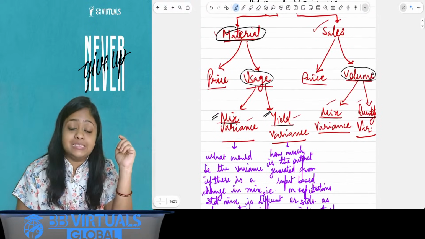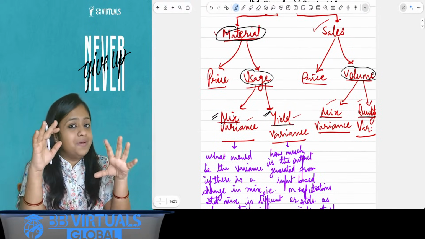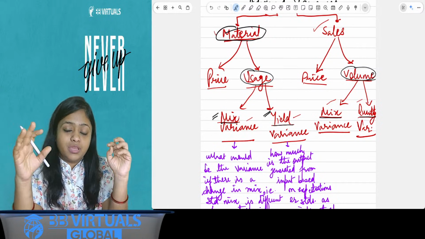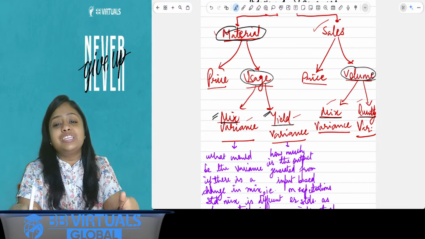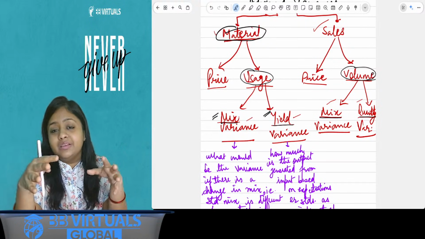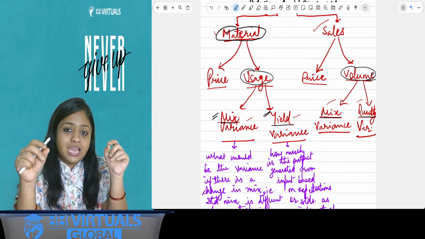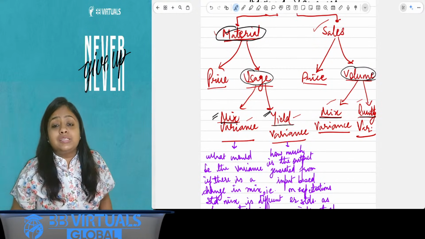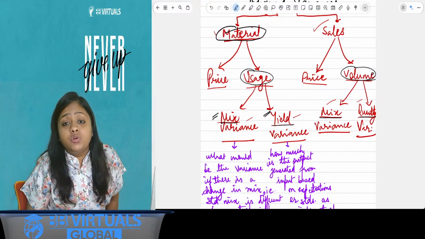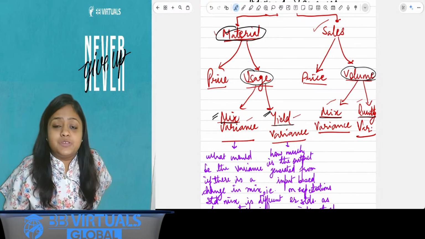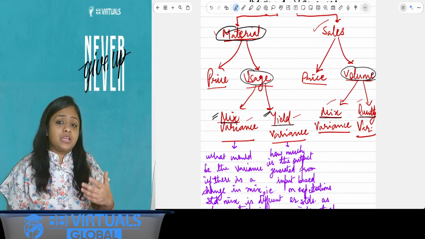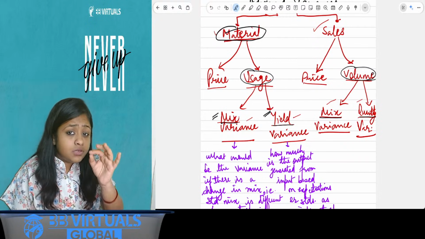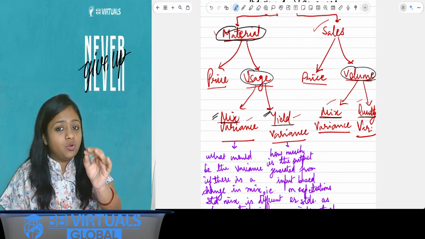Now when I take up the sales variances, the basic ones are sales price and sales volume variance. Now volume variance is further checked into sales quantity variance and sales mix variance. Again, mix variance is just like material mix. Here we see that just because we are selling the quantities in a different mix, the mix which is suggested by the standard and the mix that we are actually selling, what is the impact on the variance?